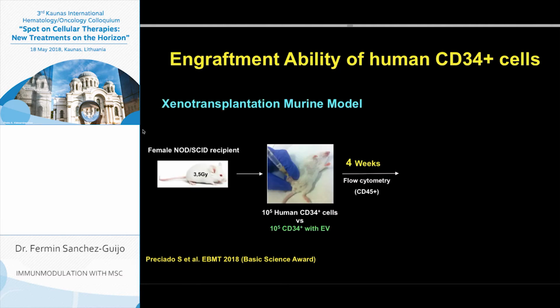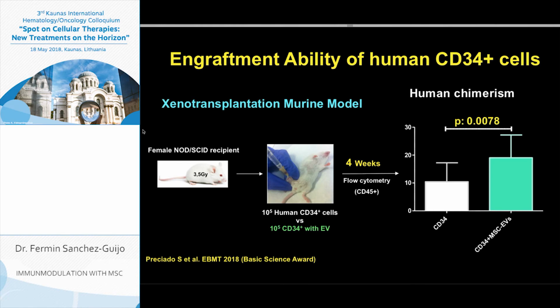And we do the same in vivo, transplanting CD34 positive cells that had incorporated MSC-derived vesicles into an immunocompromised animal. There is a significant increase in engraftment for those cells that have incorporated the vesicles compared with baseline CD34 positive cells.